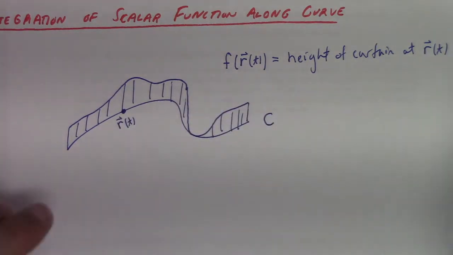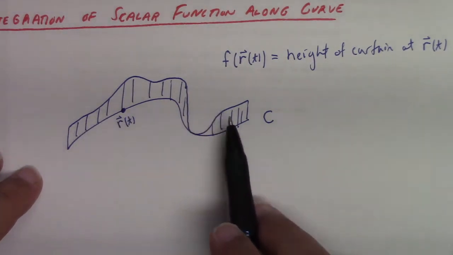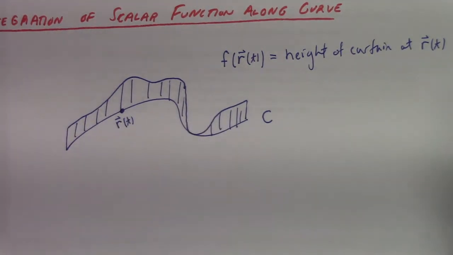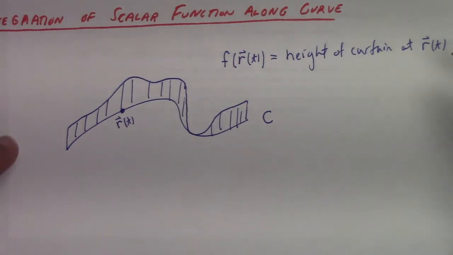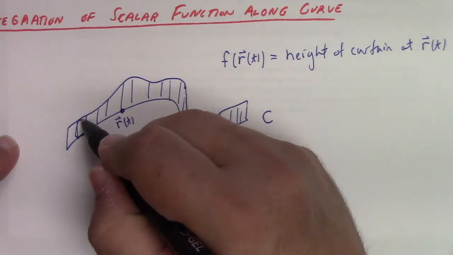So if I want to calculate the area of such a curtain, as in if I was to take that and just lay it flat and calculate its area in the conventional sense, what I need to do is basically think about chopping this curtain up into little things like this.